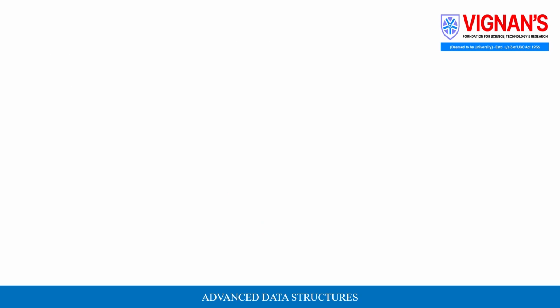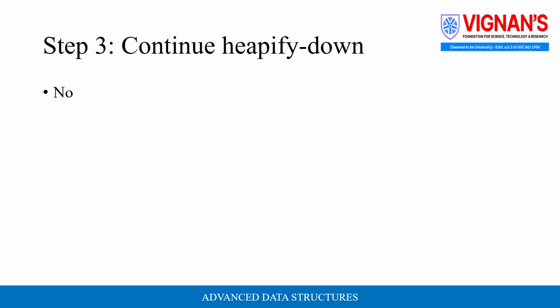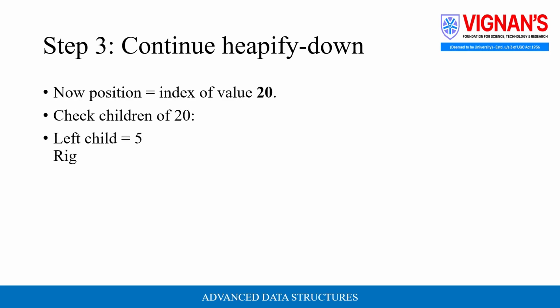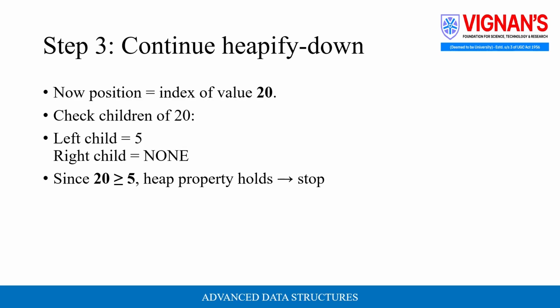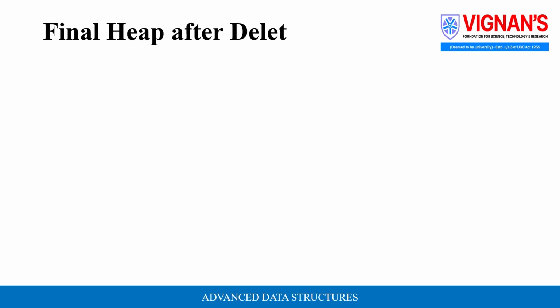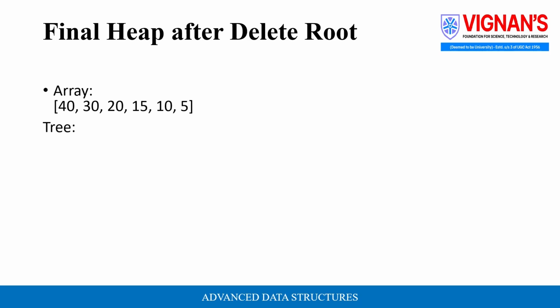Now 20 has one child, 5. Since 20 is greater than or equal to 5, the heap property holds, so we stop here. The final heap after deleting the maximum element 50 is 40, 30, 20, 15, 10, 5. Now 40 is the new maximum at the root.